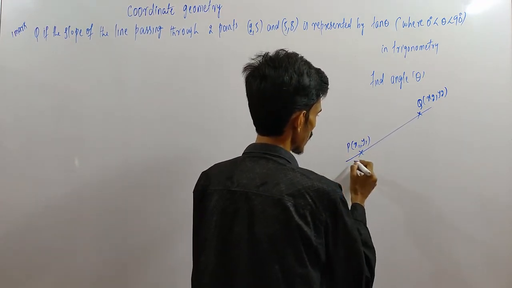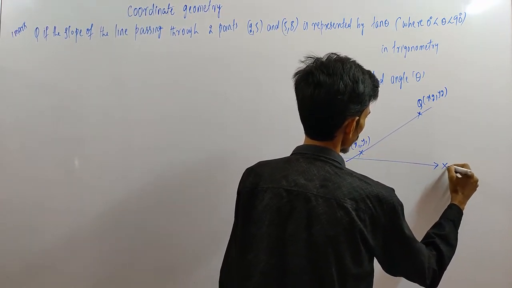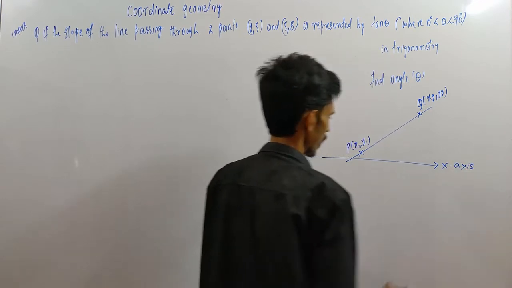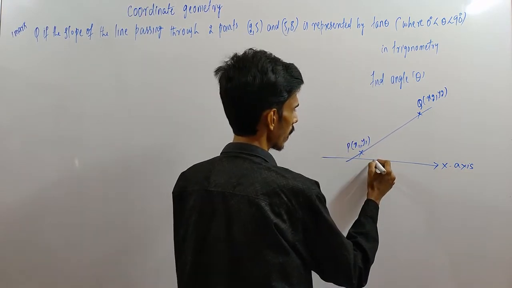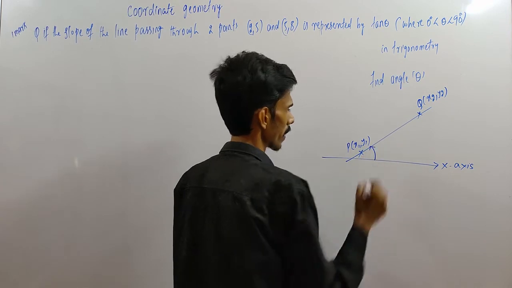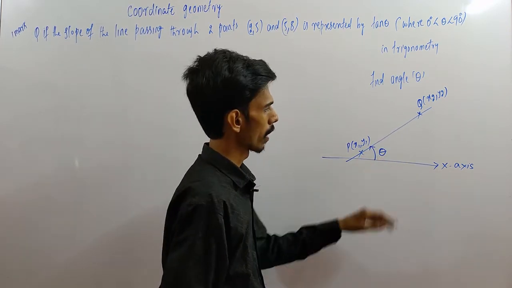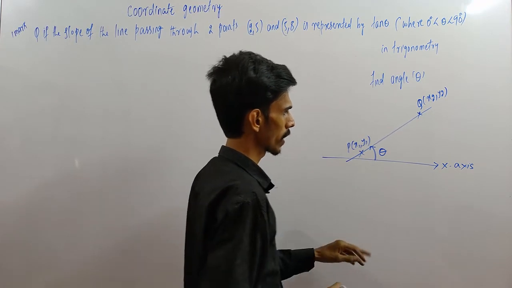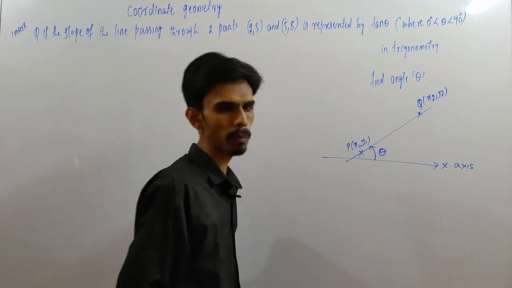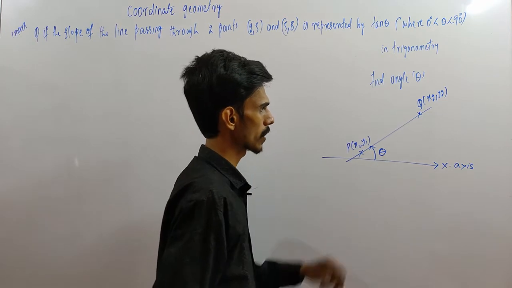If this line is making an angle theta in anti-clockwise direction, then this angle is taken as positive.